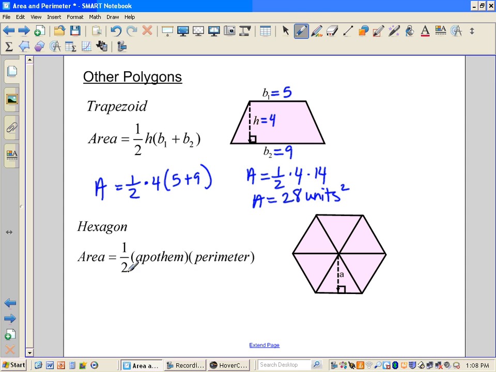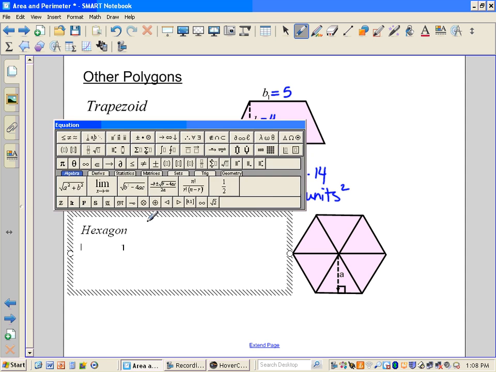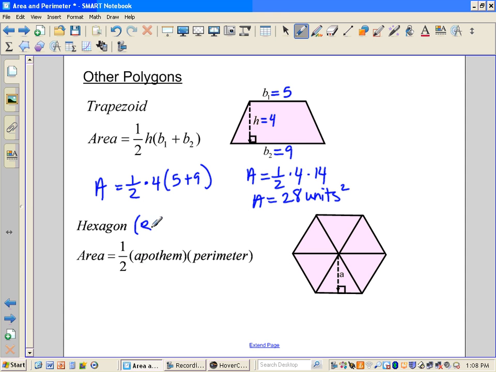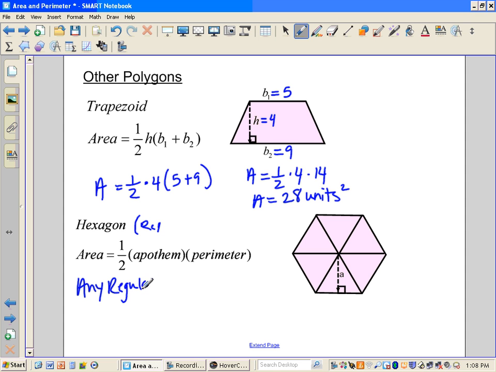Now, this formula here for hexagon also works for any regular polygon that you can divide into triangles, okay? Just ignore that part.